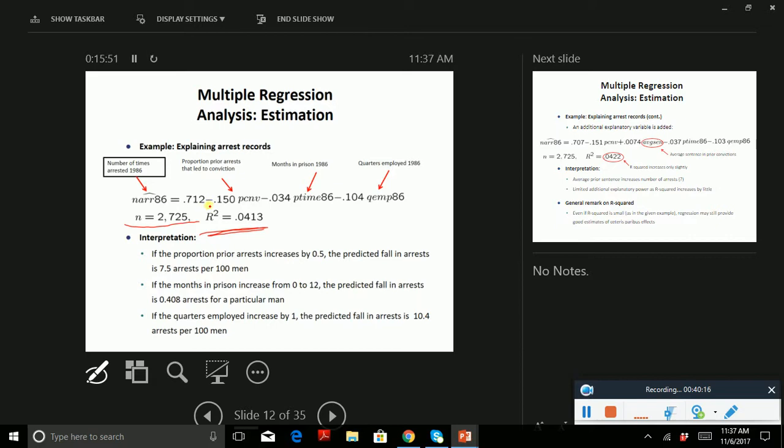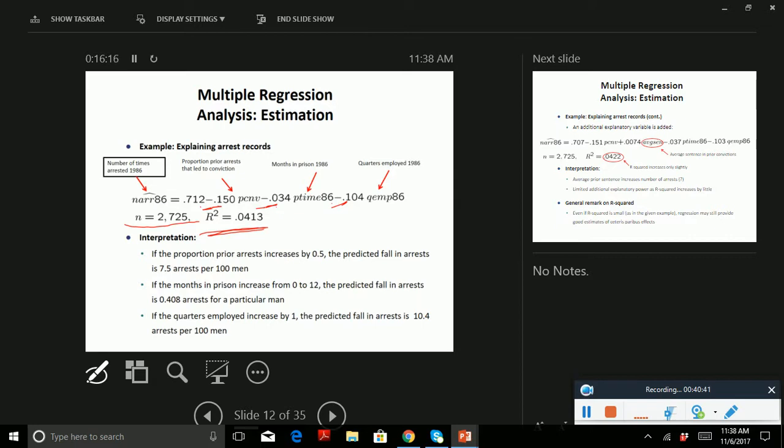If you see, there is a negative sign in front of PCNV. PTIME has a negative sign, quarters employed has a negative sign, right? What does the negative sign mean?